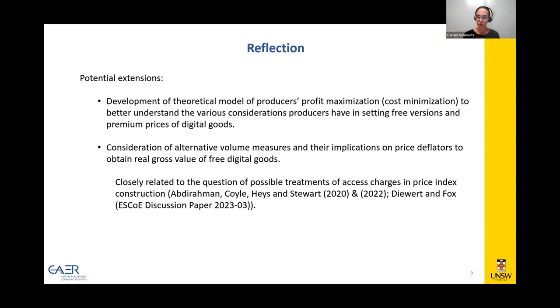Now, due to data limitation, it uses the second measure, that is the number of subscribers, as the volume measure. Now, ignoring the data restrictions, from a conceptual point of view, I think that in this context, another plausible volume measure could be the time spent using the digital product, and not necessarily the number of times that you actually access it.